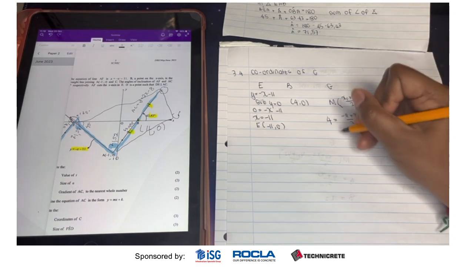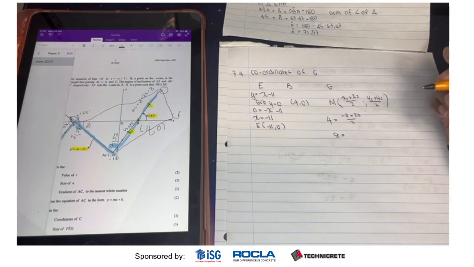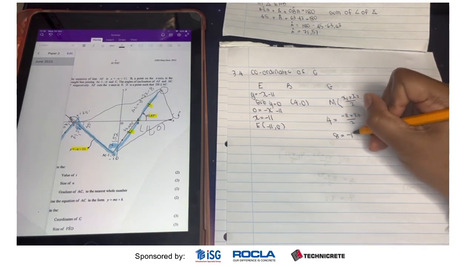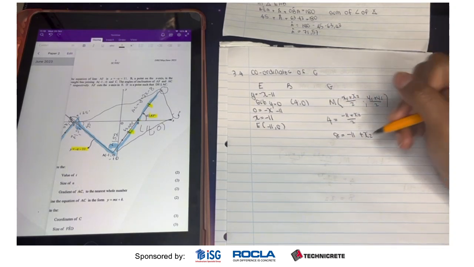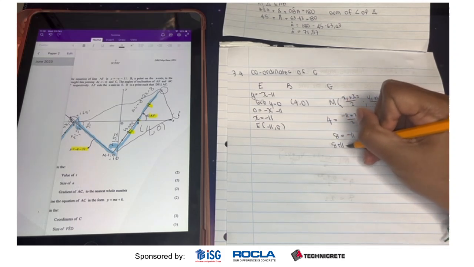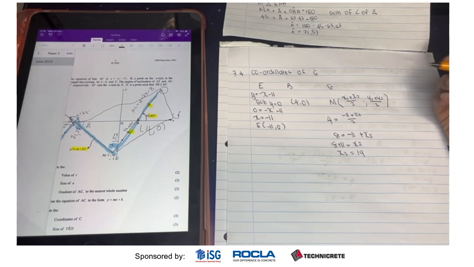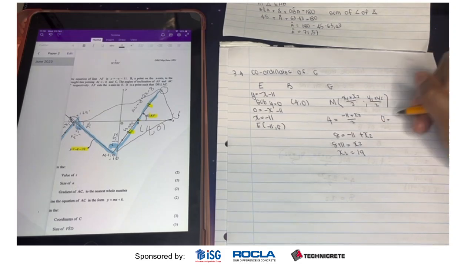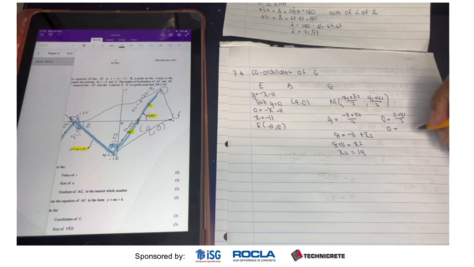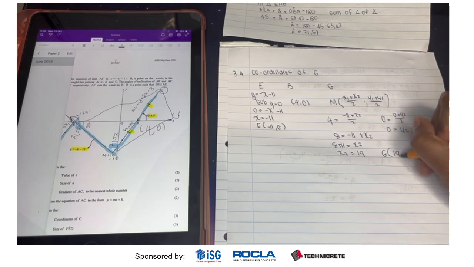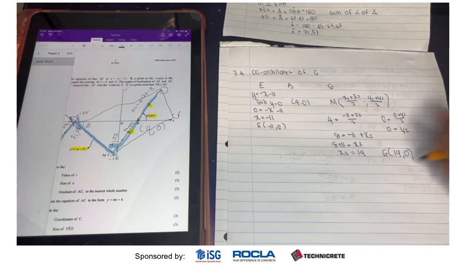Let's cross multiply. 8 is equal to negative 11 plus X2. 8 plus 11 is equal to X2. X2 is equal to 19. Let's find my Y value. Y is equal to 0 plus Y2 over 2, so it's going to be 0. My Y value is 0. So G is 19, 0.